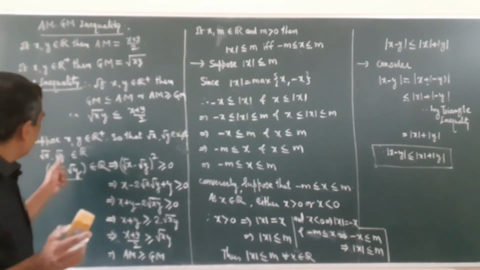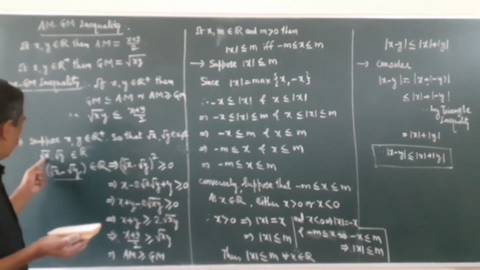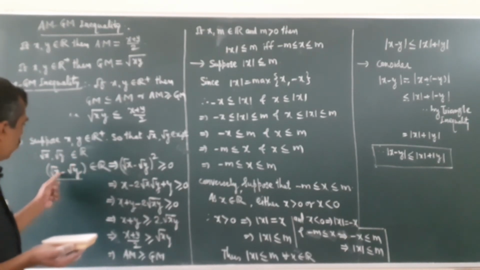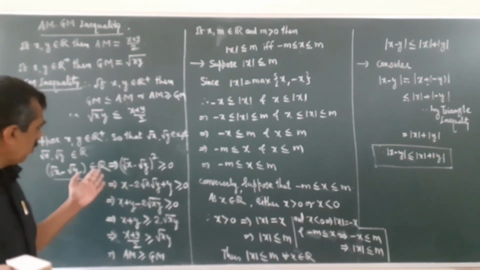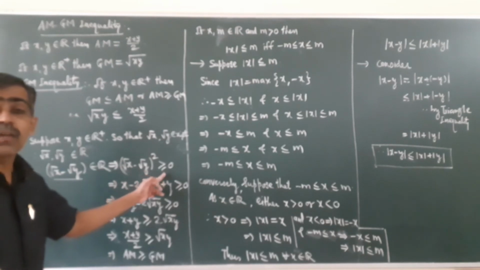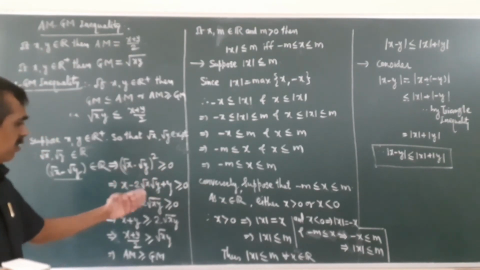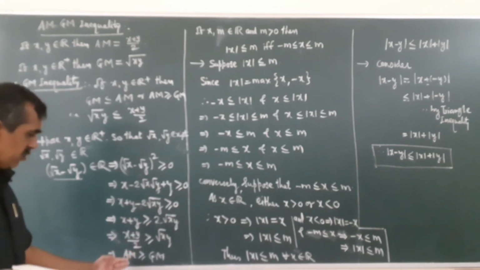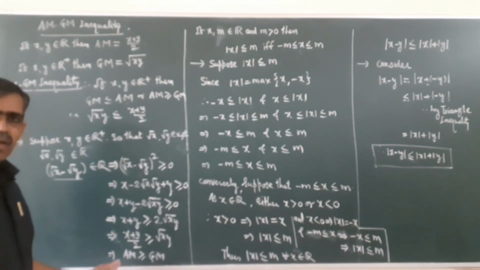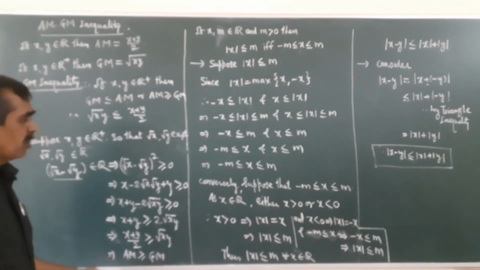So root x and root y belong to R, and therefore root x minus root y is also a real number. Its square must be greater than or equal to 0. Just simplify, do the square, arrange the terms, and what you get is AM greater than or equal to GM, or GM less than or equal to AM.